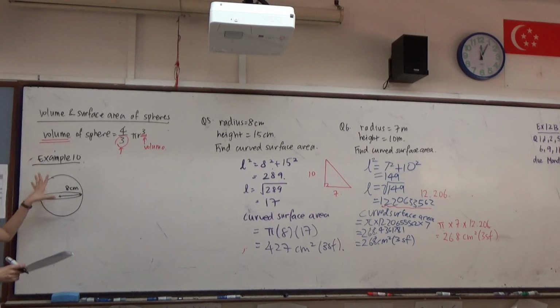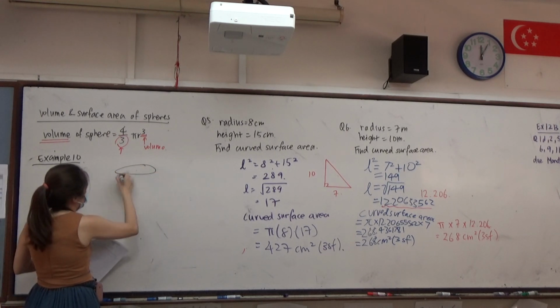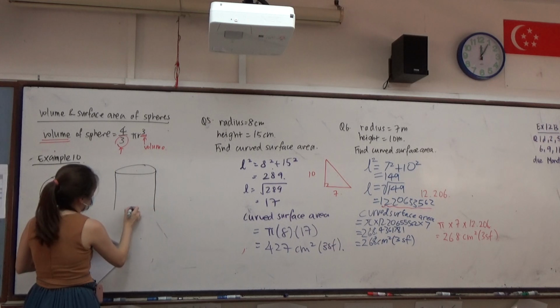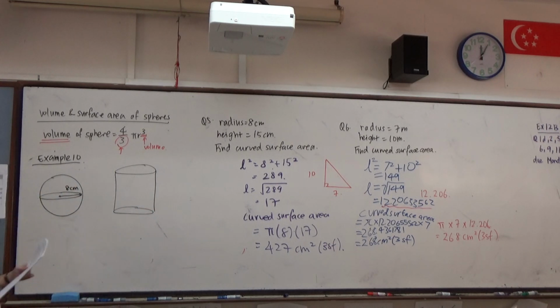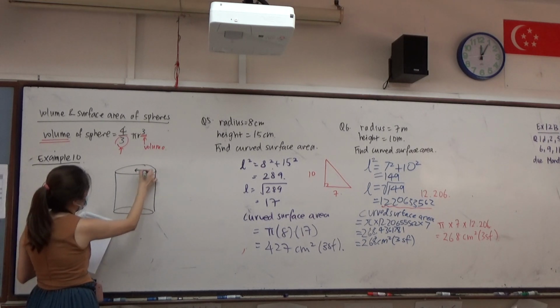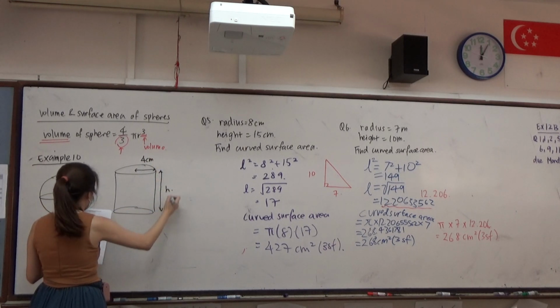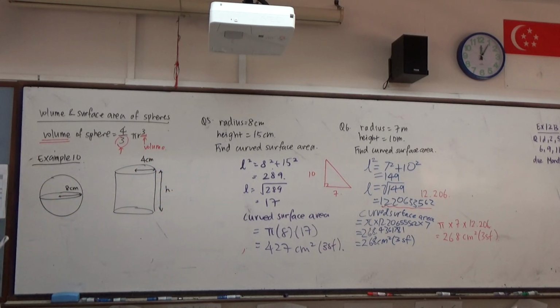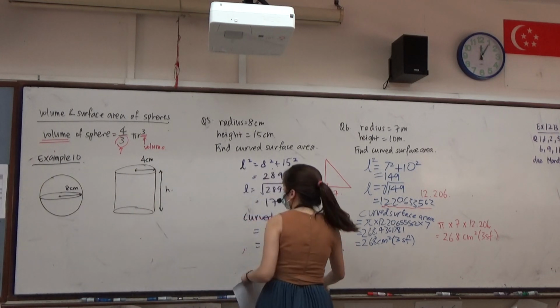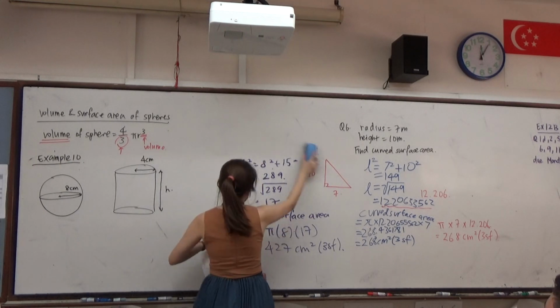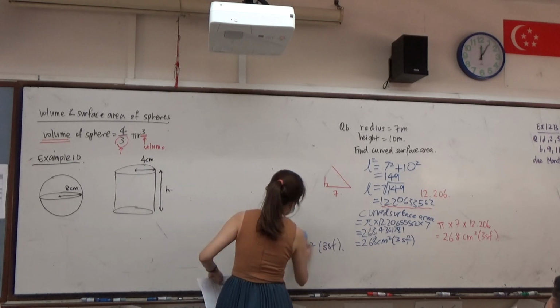That means they melt this sphere and then make it into a cylinder, a different shape. When they make it into a different shape, the radius of this cylinder is 4 cm, and there is a certain height, h, to it. We want to find out the h. So to find out the value of h, how do you think we can find it? So easy.